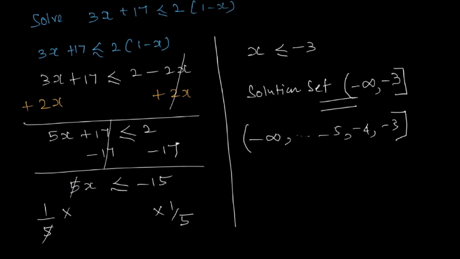Let us consider another problem. Solve the inequation (2x minus 3) divided by 4 plus 9 is greater than or equal to 3 plus 4x by 3.